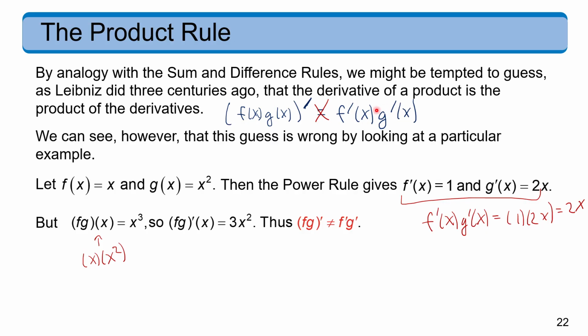For the right side, we got 2x, right? They're different. So we got a different result when we did these two separate calculations. That tells us that these two things are not equal. So our intuition doesn't work here, right? The derivative of a product is not the product of the derivatives. So we're going to look at finding a formula that will work to tell us how to find the derivative of a product, and that'll be our first goal in this section.